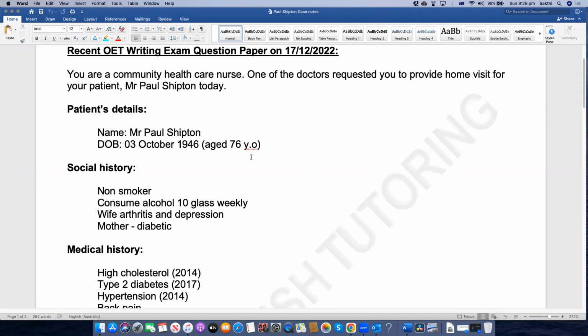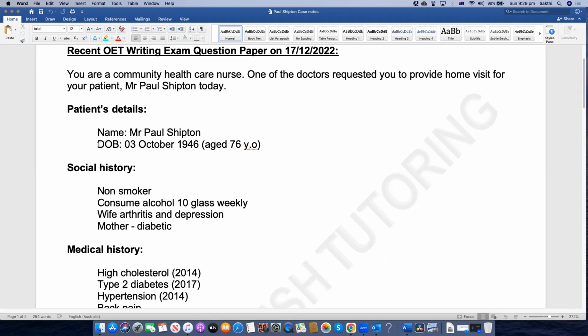When you see the case notes in the question paper, you need to understand one thing: the case notes will be full of note form. The case notes will be full of abbreviations. The case notes will be full of short forms and many more. In fact, you will also get incorrect spelling for the words, and inappropriate use of punctuation, nouns, verbs, and tenses as well.